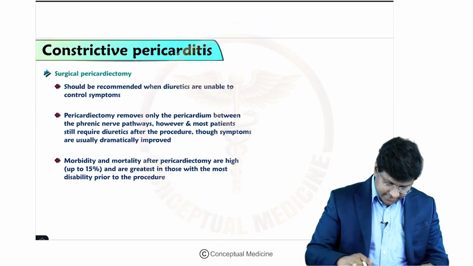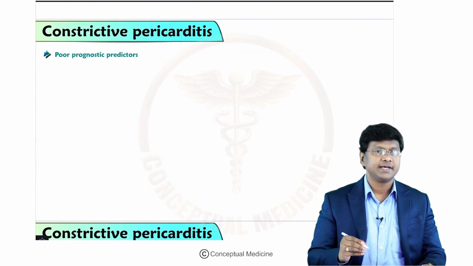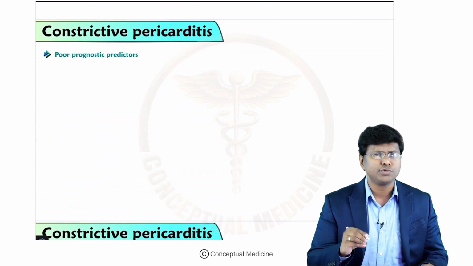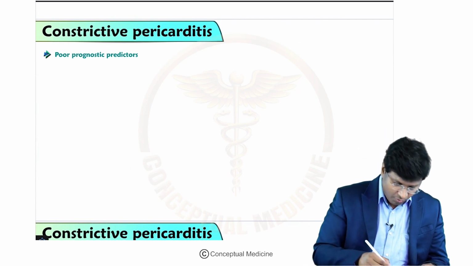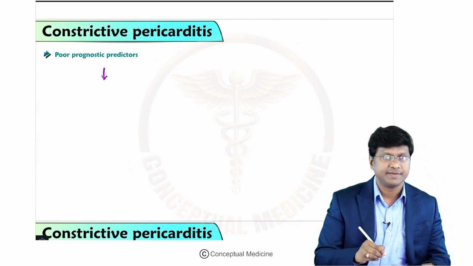And there are certain poor prognostic predictors. What are those poor prognostic predictors?